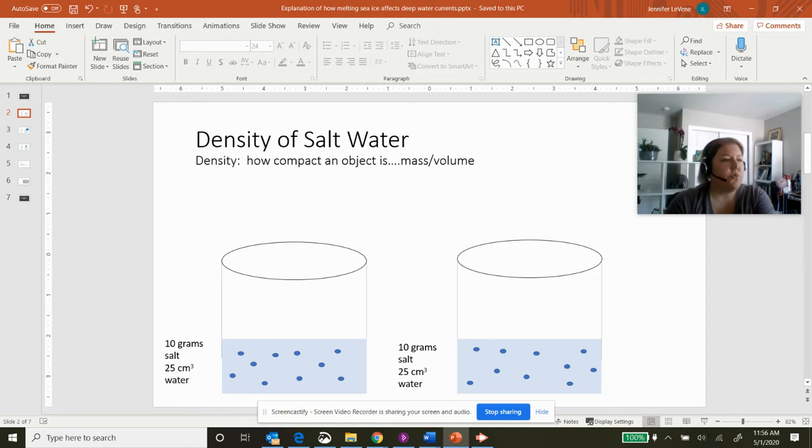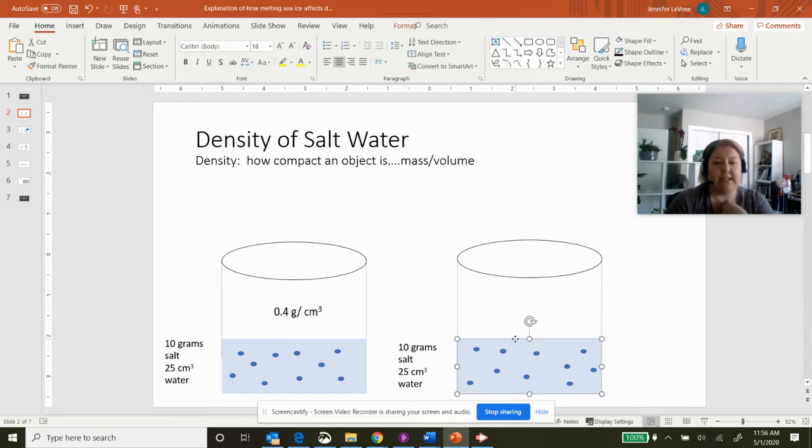The actual density of this glass of water is 0.4 grams per centimeter cubed. So these two right now are equal. Now let's say I take the second glass of water and double the amount of water in it.